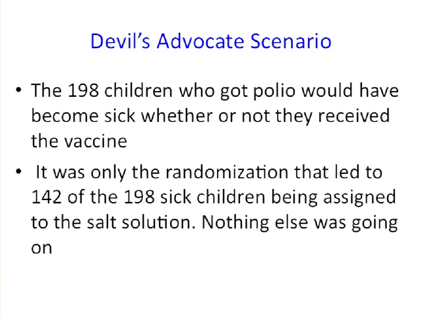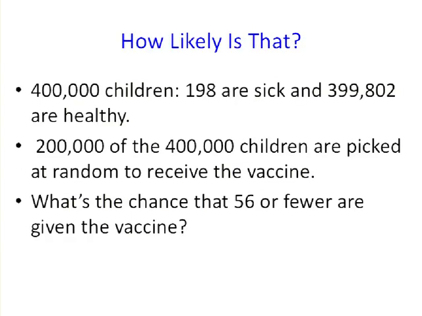So it says it's only the randomization that led to 142 of the 198 sick children being assigned to the salt solution. And we can actually compute those kinds of probabilities. We can say, well, how likely is that? If there are 198 sick children, then there are 399,802 healthy children.